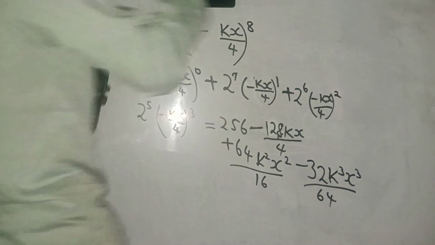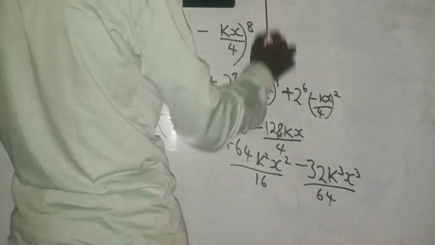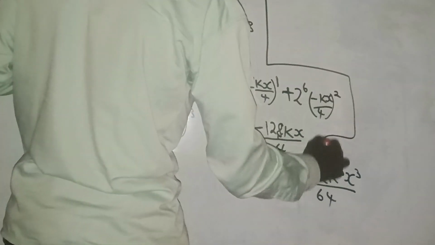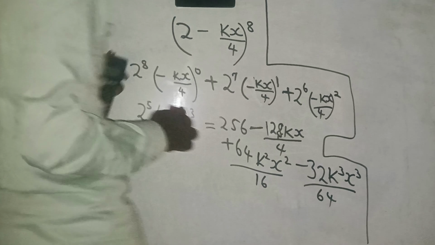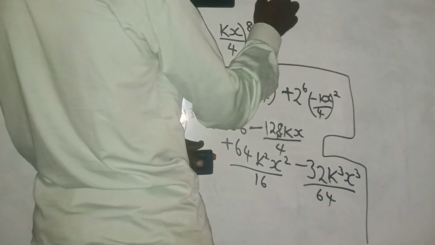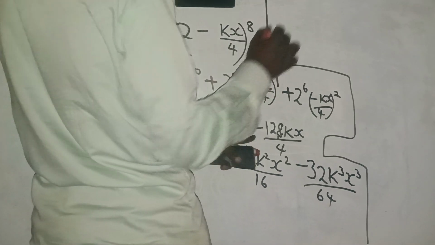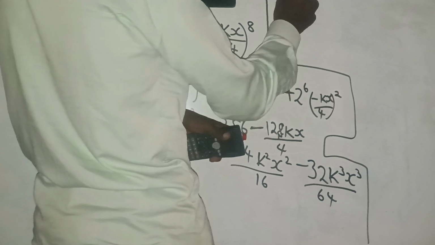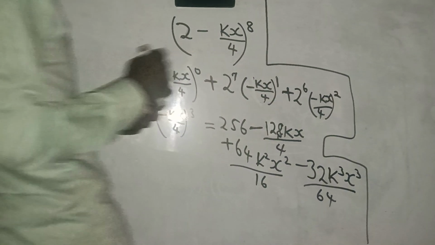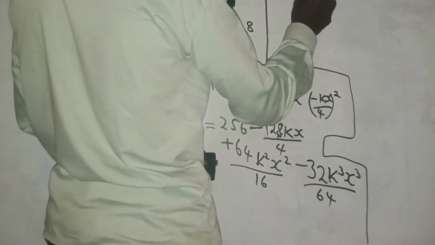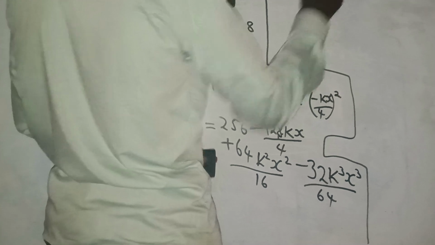So we shall simplify. So we shall come here and have this to now arrive at the final answer. So we shall have 256, minus. So that is 128 divided by 4, that is 32 kx.